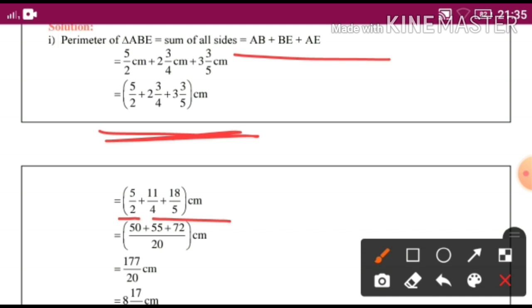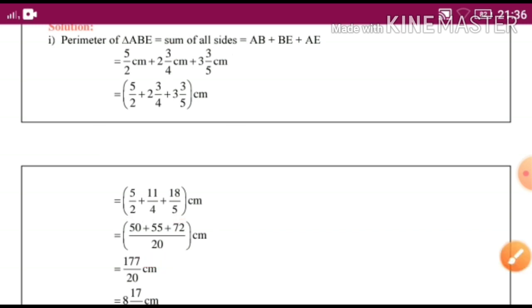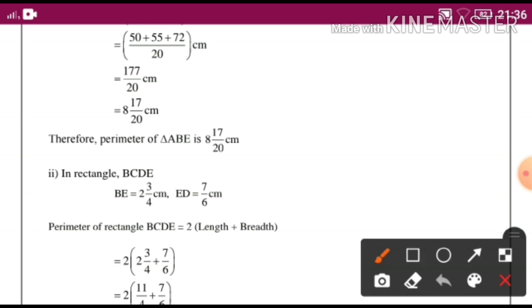By doing this we get denominator 20, so 50 plus 55 plus 72 upon 20 centimeters. By adding all of them we get 177 upon 20 centimeters. We can also change this improper fraction into a mixed fraction. Therefore, the perimeter of triangle ABE is 8 17 upon 20 centimeters.